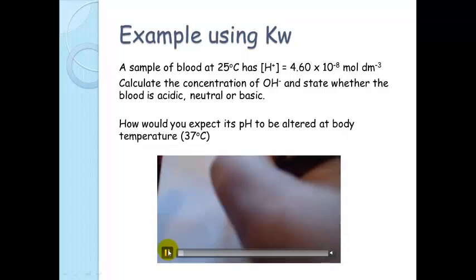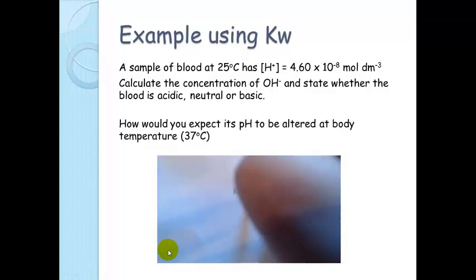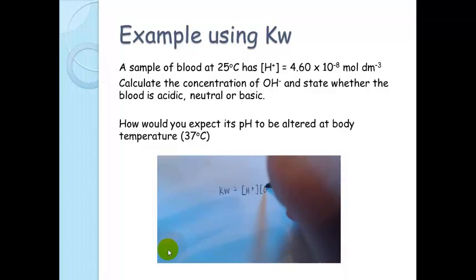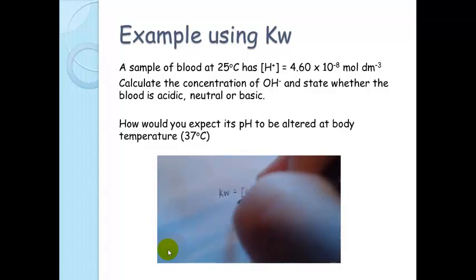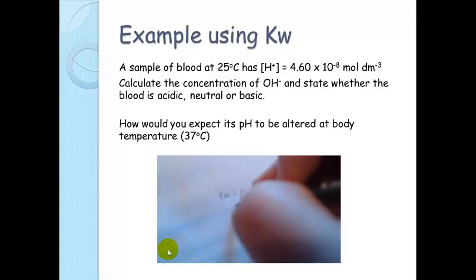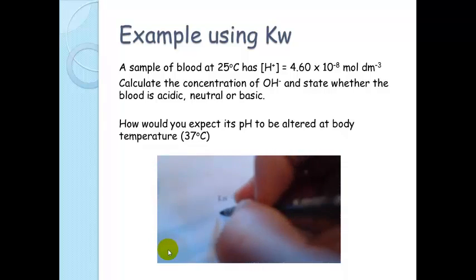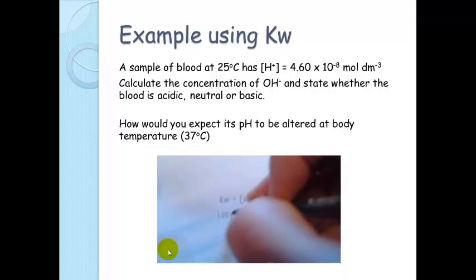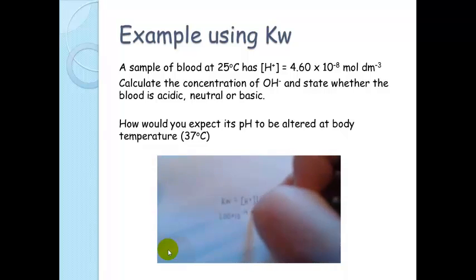To do this problem, we know that Kw equals the concentration of H+ times the concentration of OH-, and that at 25 degrees Celsius, this is a constant. So the constant is 1 times 10 to the negative 14th.